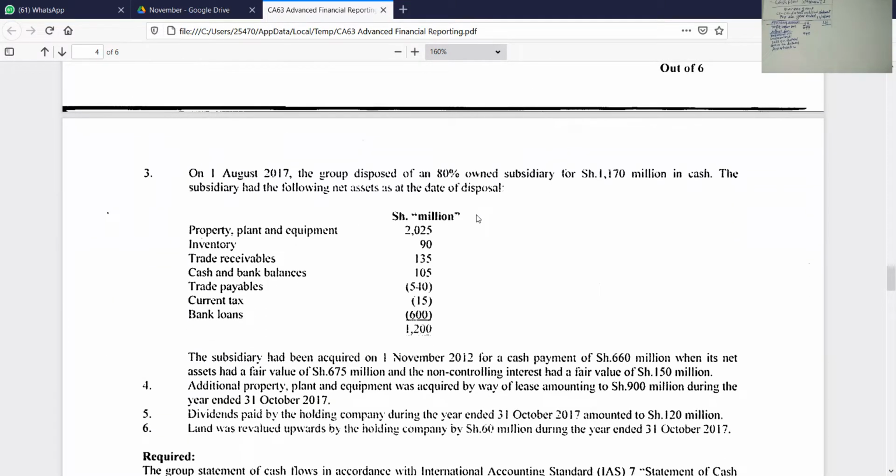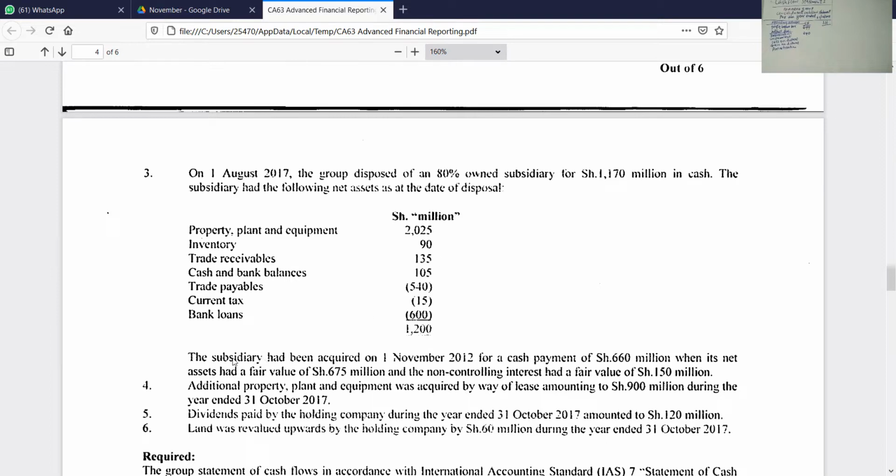In Note 3, you are told that on 1st August 2017, the group disposed of an 80% owned subsidiary. The group could not have disposed of something it doesn't own, so this subsidiary was acquired some time back.